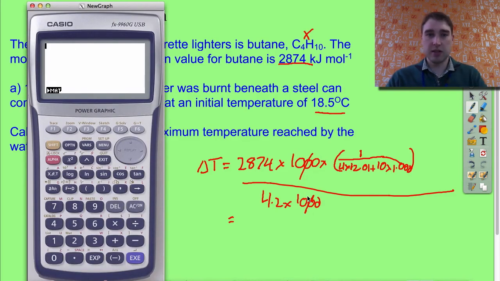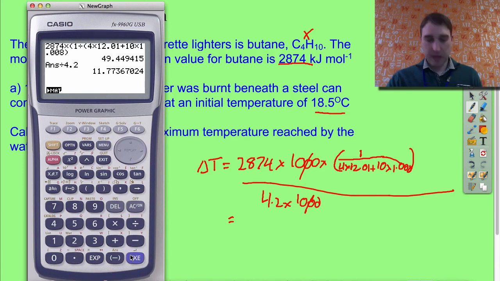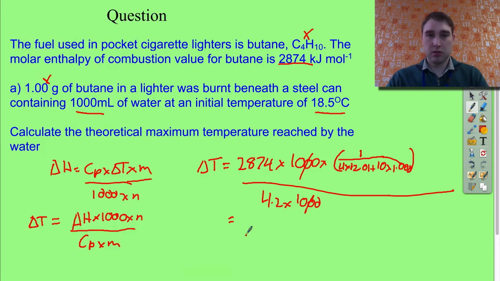So now I bring up my calculator. And I get 11.77. So round that off, I've got 3 significant figures, so 11.8 degrees Celsius.